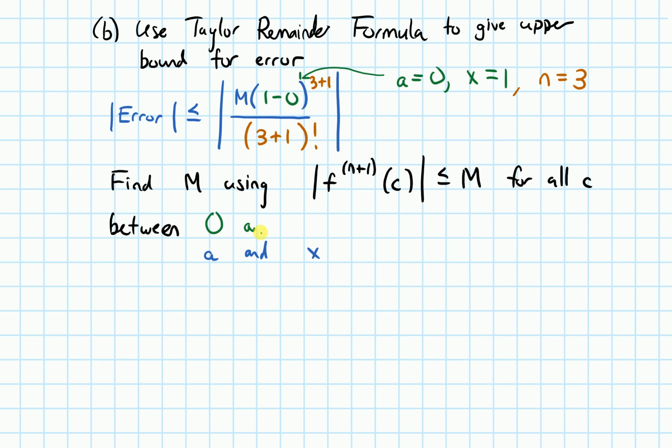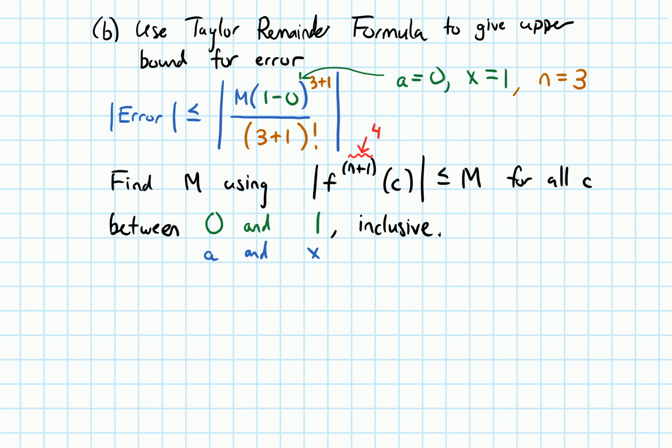A was the center point, and x is the value that we're plugging in to estimate what's going on there. That was 1. And this needs to be true inclusive. Let me simplify this a little bit. N I know is 3, which means n plus 1 is 4 here. We're talking about the fourth derivative evaluated at c. Its absolute value needs to be less than or equal to M.